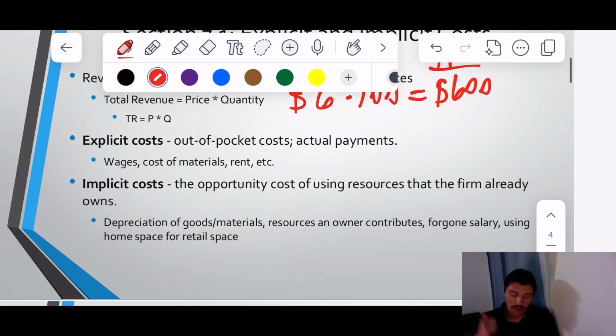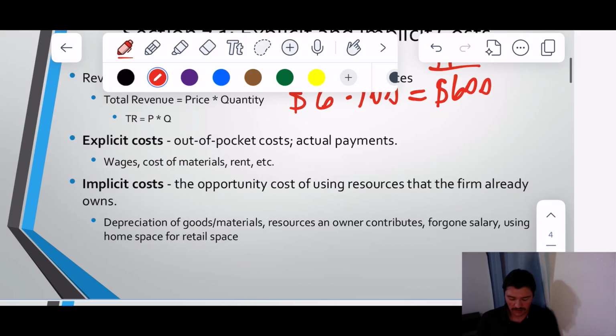So wages, cost of materials, rent, all of those things that you're actually paying for to produce your product, those are what we call explicit costs. Now, implicit costs is another thing that we have to consider. The implicit costs are the opportunity cost of using resources that the firm already owns. Some examples of these are depreciation of goods and services, resources an owner contributes, foregone salary, or using a home space for a retail space.